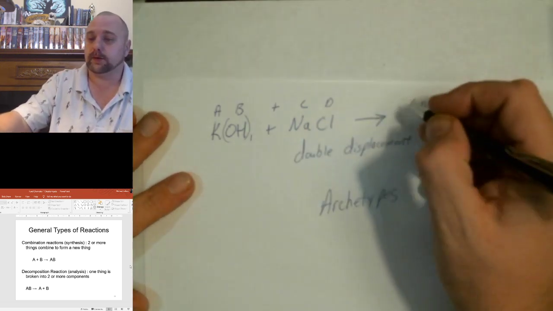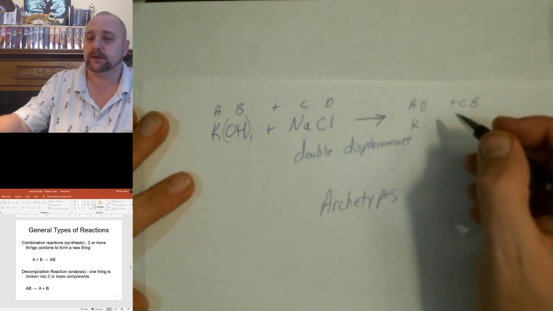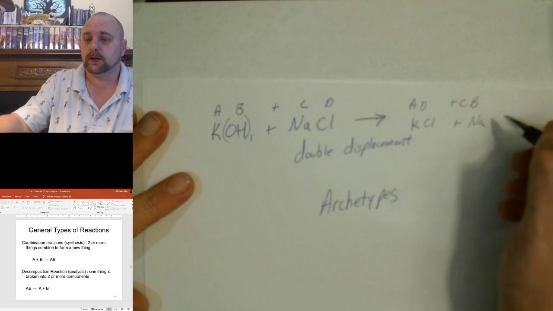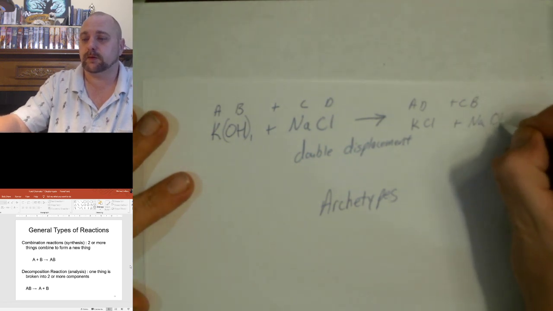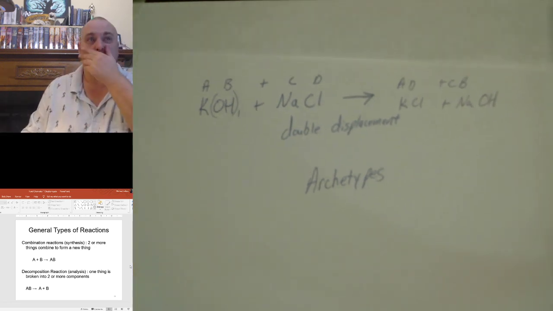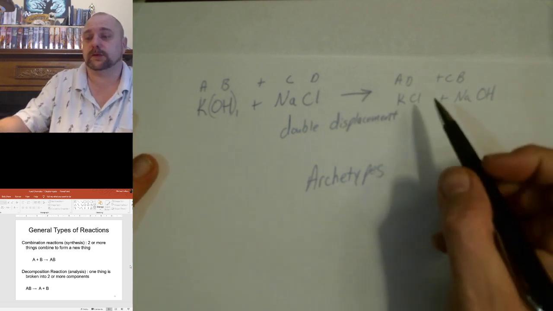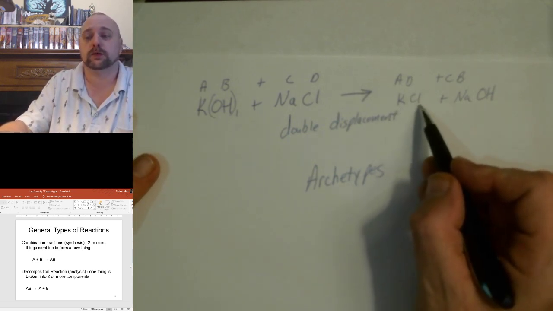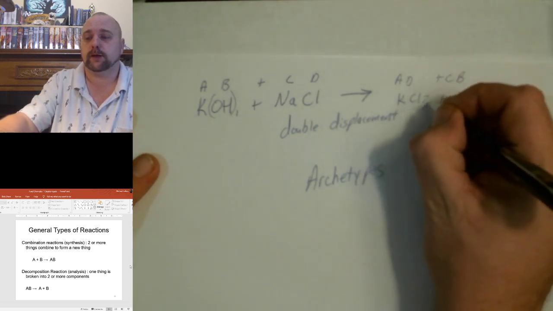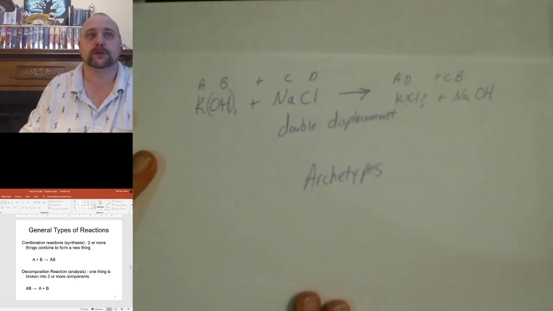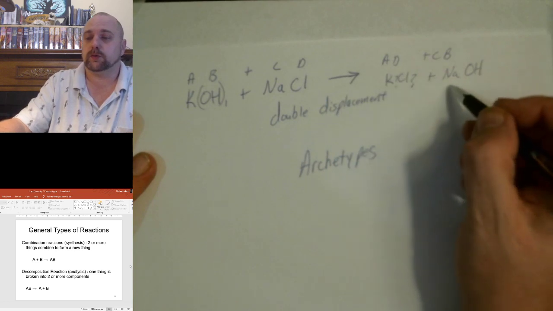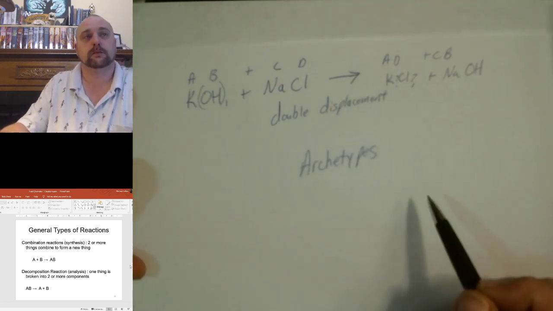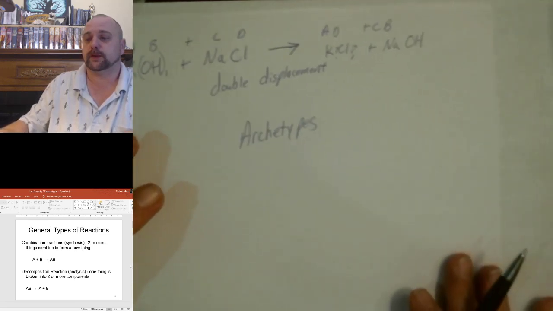So the A piece is K, the D piece will be Cl, the C piece is Na, and the B piece is OH. Now, the problem with this is I have new partners, and so they will need new subscripts. We will have to find these subscripts. And so when we're doing these, we'll have to finish out these products by finding their new subscripts.